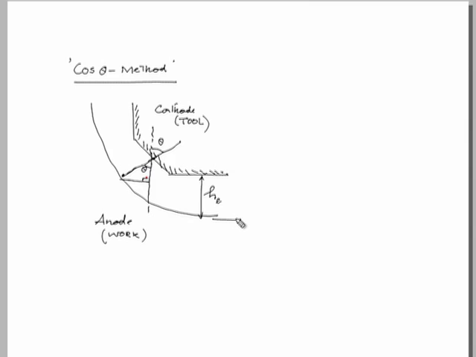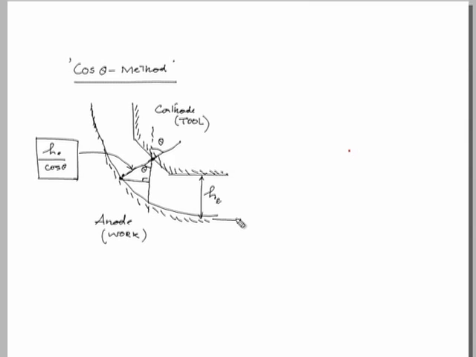Mathematically we can say this distance can be expressed as h e by cos theta. This is on the work surface, as we have seen. Therefore, the distance at any instant during machining can be expressed as h e by cos theta.